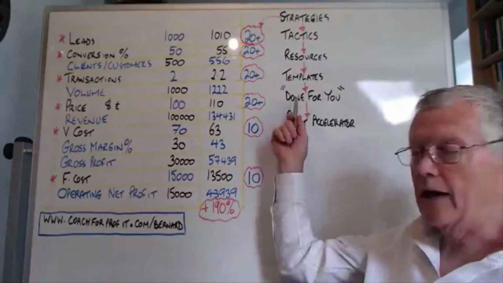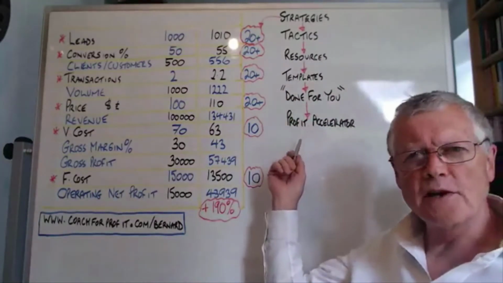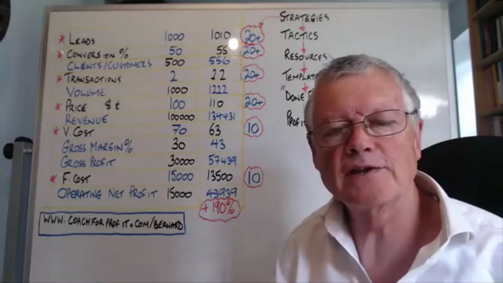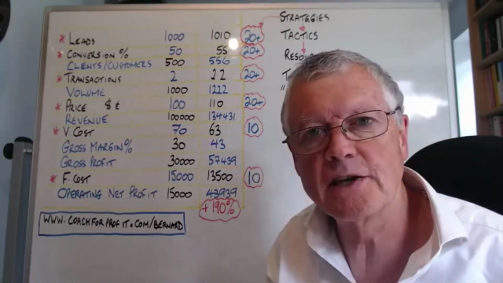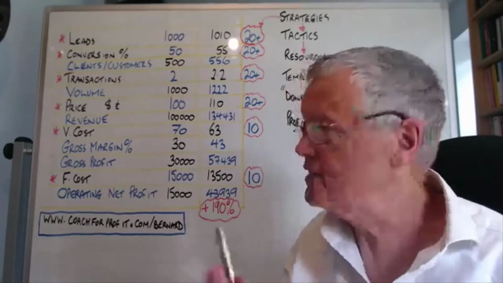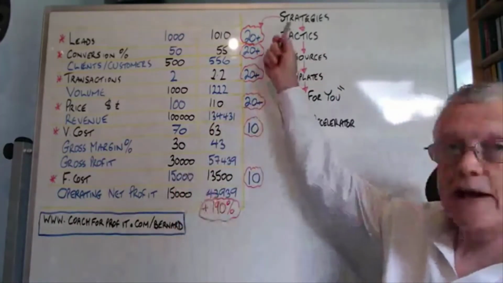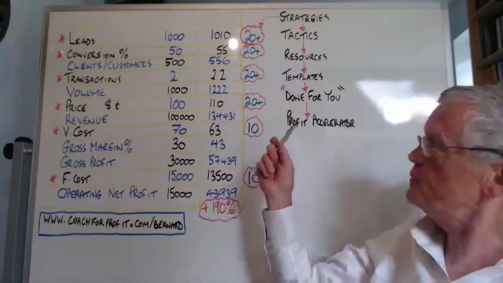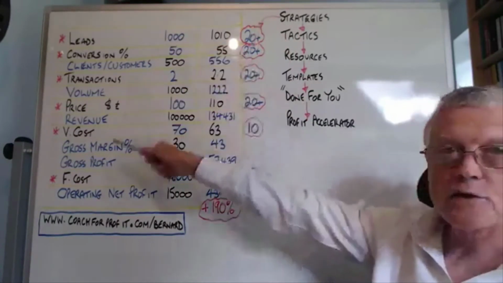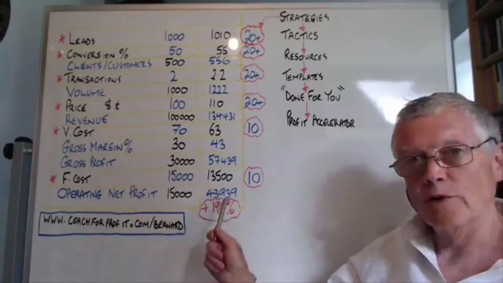And also a piece of software called our Profit Accelerator, which means you can pump in some key numbers and show the impact of implementing some of these strategies on the bottom line. Our system includes all of those things, which will help you make all of those small improvements to treble the bottom line.